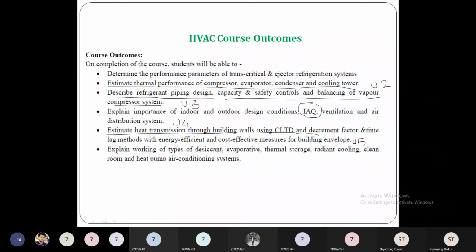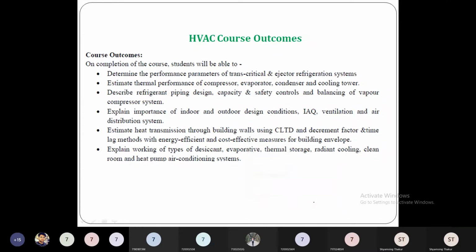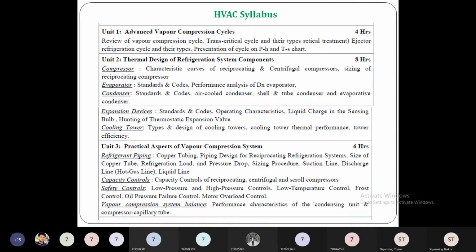Then the working of types of desiccant, evaporative, thermal storage, radiant cooling, clean room and heat pump air conditioning systems, that you are going to see in the very last unit, unit number 6, and some portion is there in unit number 5 as well. That's why all this comes in course outcomes.